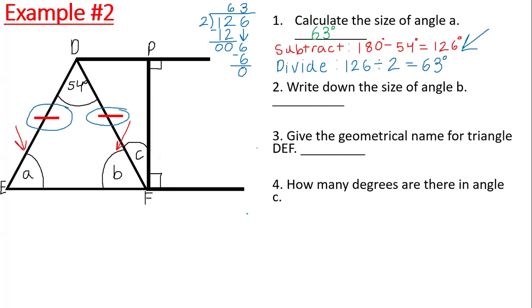Where's Tyreek? I can't hear from Tyreek. Fanaj, where's Fanaj? Yes, sir. Fanaj, you understand how we got 63? Yes, sir. Are you writing this down, Fanaj? Yes, sir. Okay. Paris, where's Paris? Yes, sir. Do you understand how we got 63? Yes, sir.